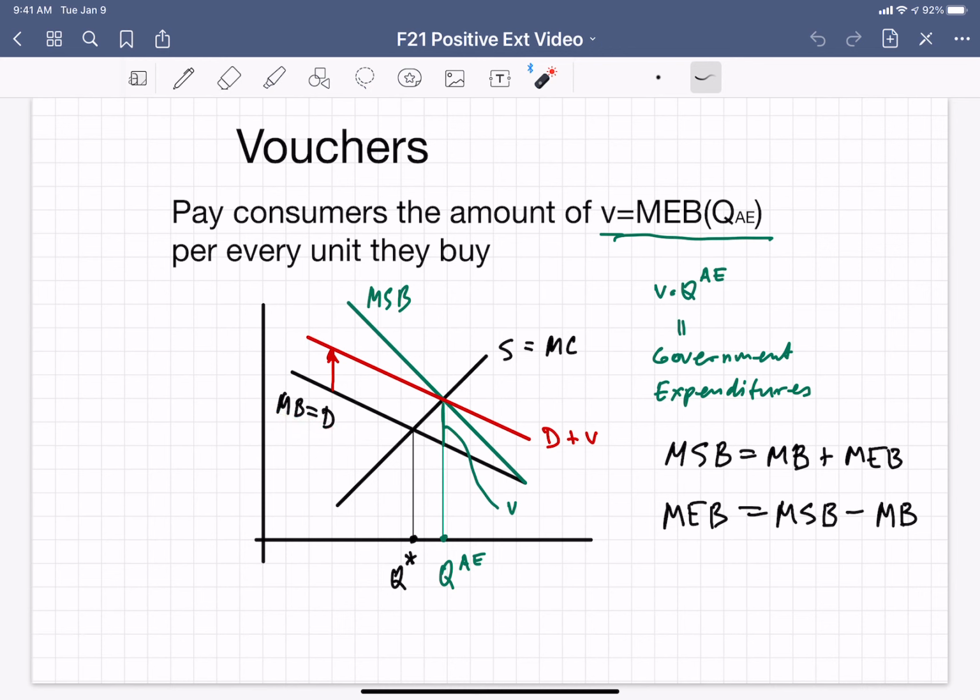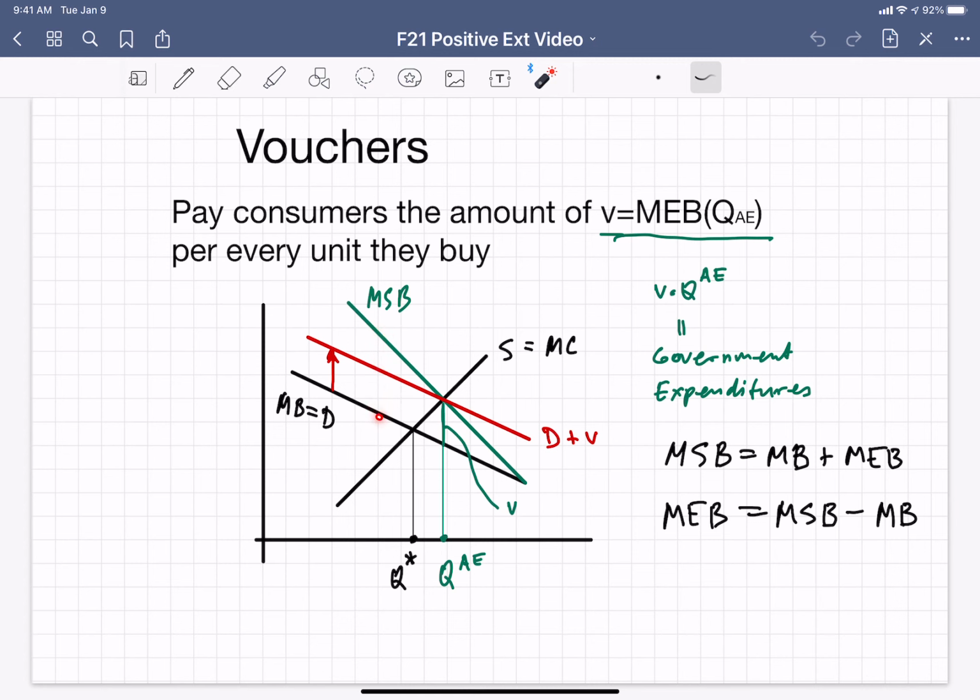And the amount given to buyers per one unit again should be equal to marginal external benefit at the point of allocative efficiency, which again is simply the distance between MSB and MB. Remember, that's how we built MSB: we were adding MEB on top of MB.